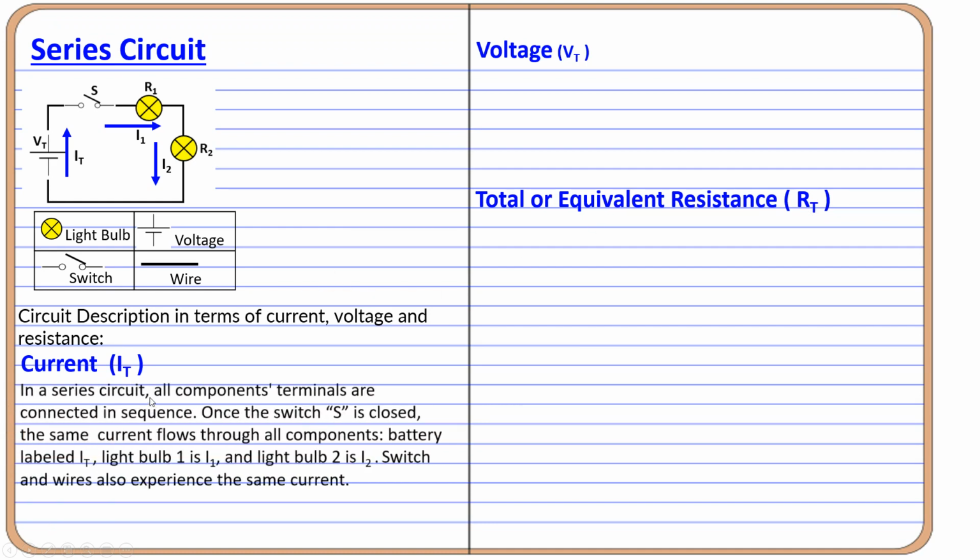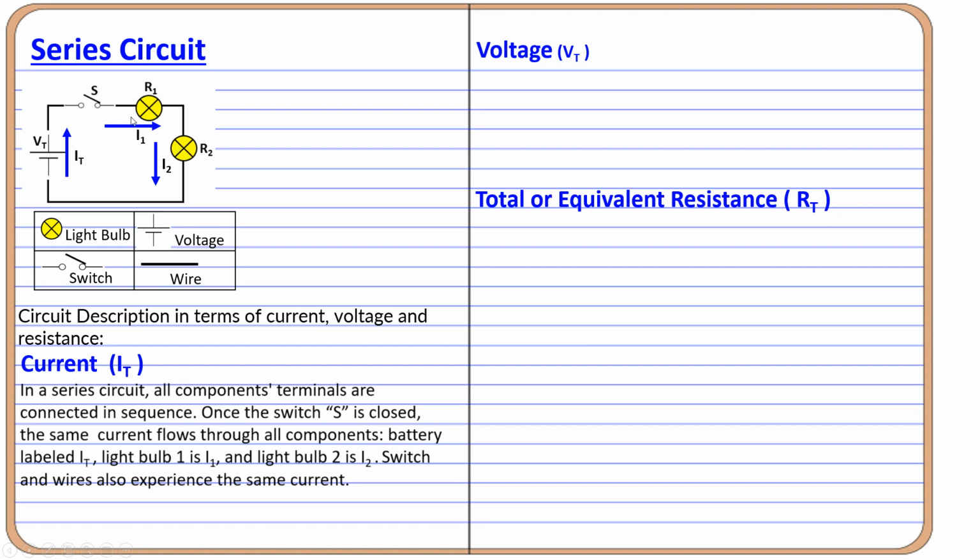In a series circuit, all components' terminals are connected in sequence. Once the switch S is closed, the same current flows through all components: the battery, labeled IT, through the light bulb 1, which is I1, and through the light bulb 2, which is I2.